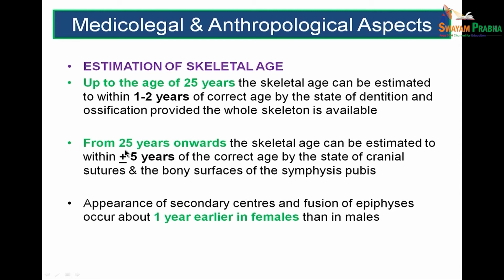After 25 years, skeletal age can be estimated with plus or minus 5 years of the correct age by looking at cranial sutures or bony surfaces of the symphysis pubis. Appearance of secondary centers and fusion of epiphysis, remember, always occurs a year earlier in females than in males.